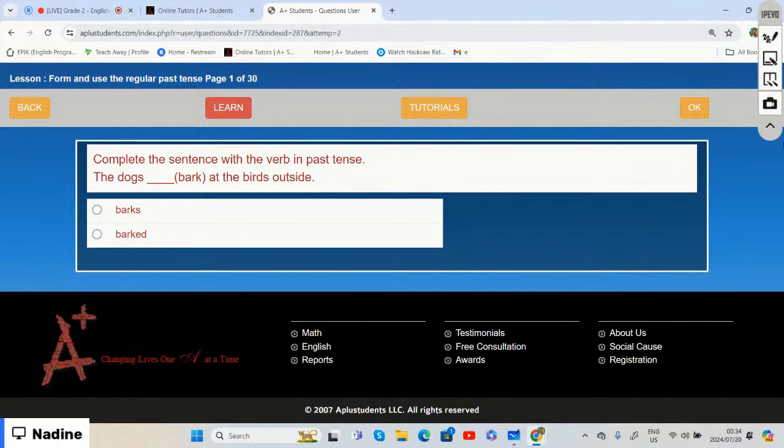All right, so we can then say the dogs barked. Because remember, we said that in the bracket we have our base word. And then in order for us to change it to the past tense, we add ed to our word, or we add d depending if the word ends with an e.